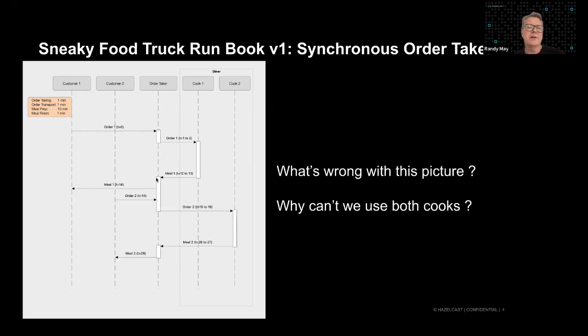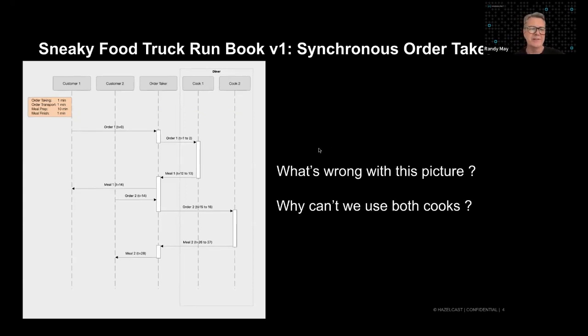It's finished by minute 12 and comes back to the order taker by minute 13, and then by minute 14 the customer has their order. Then the order taker takes another order and repeats the same process, and not surprisingly, the second customer gets their order at minute 28.